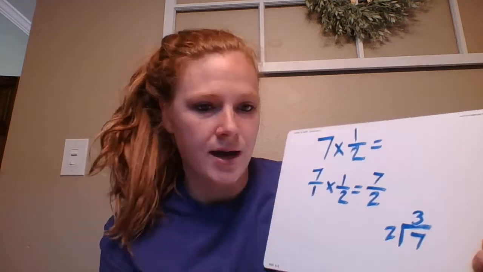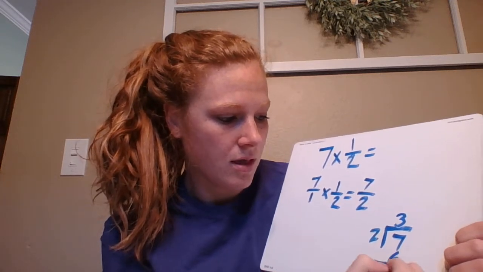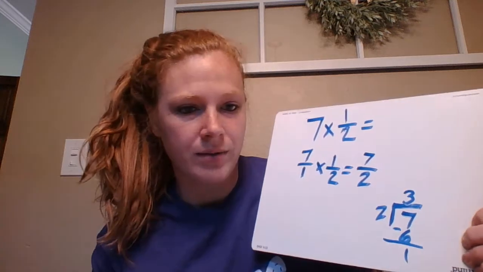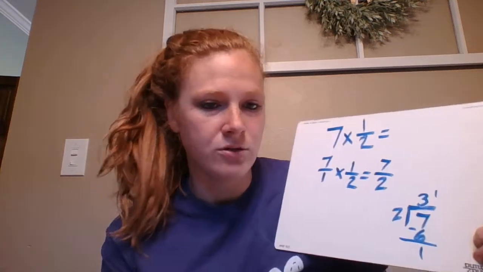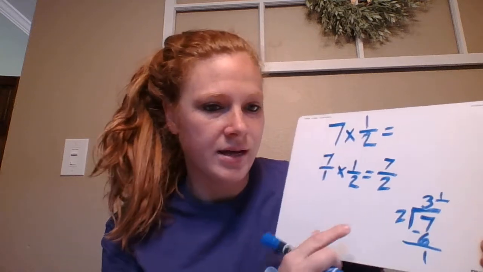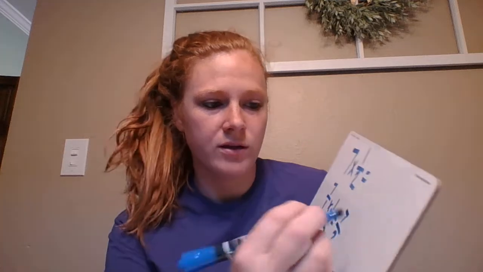I put my 3 on top. 3 times 2 is 6. I subtract. I get a remainder of 1. If you remember, we write our remainder as the numerator, and the denominator is the number we're dividing by. So our final answer, let me write it bigger, is 3 1/2.